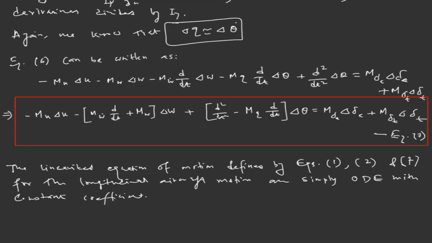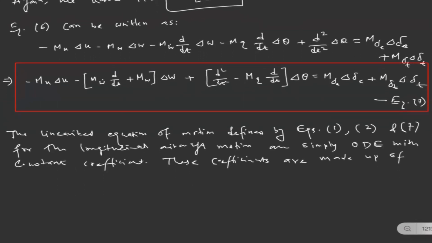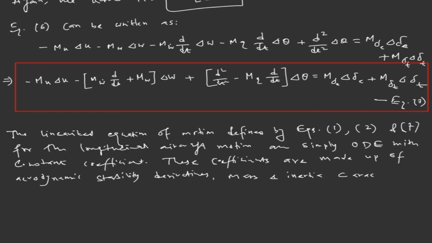Let me write that these coefficients are made of aerodynamic stability derivatives, which are mass and inertia characteristics of the aircraft.